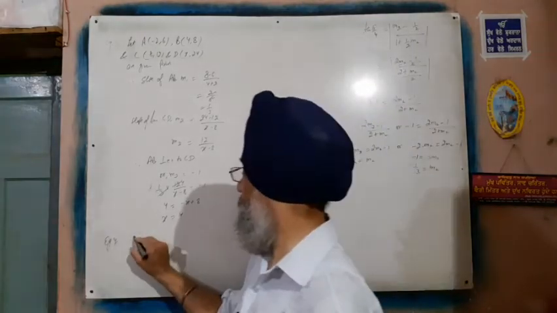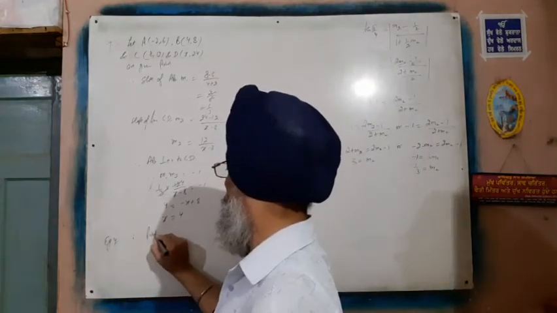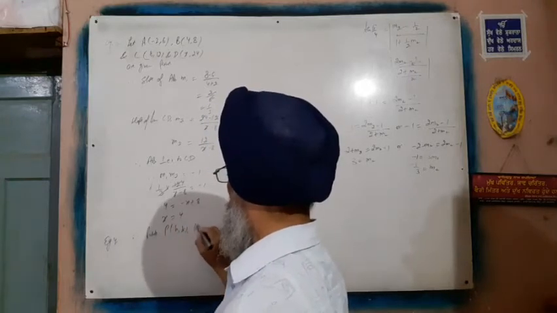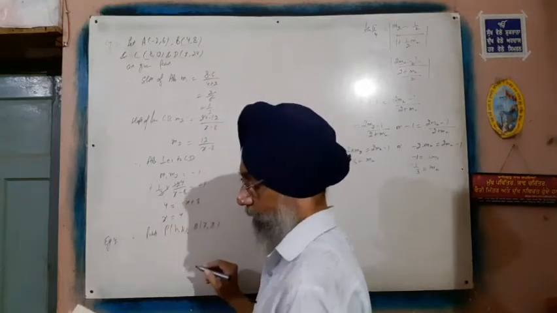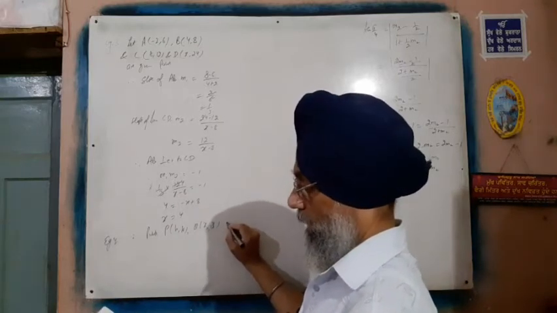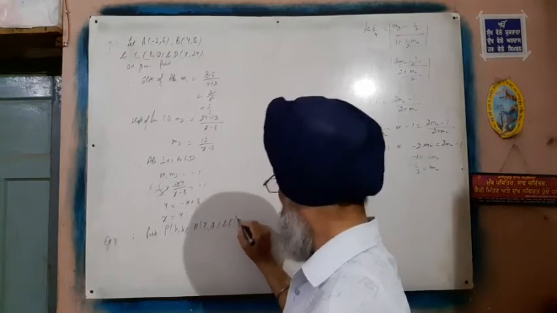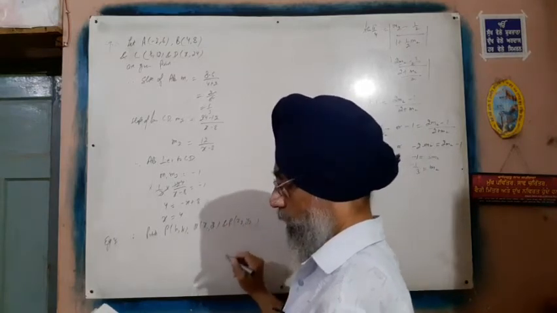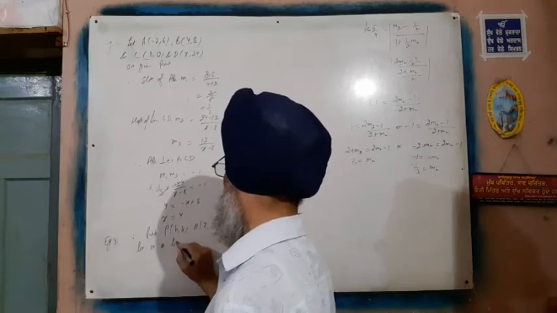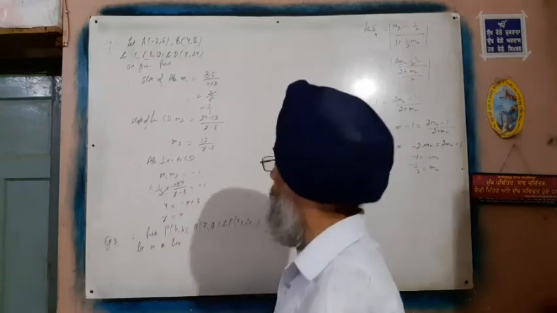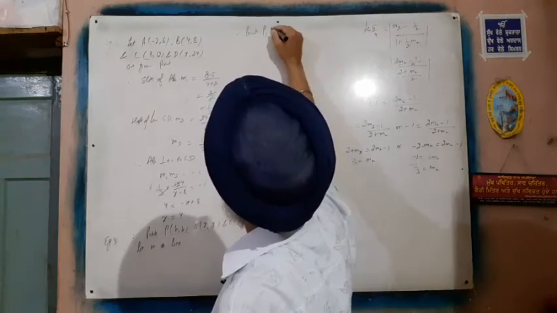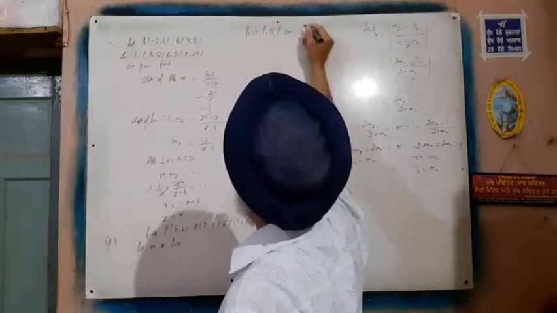Since points P (h, k), Q (x1, y1) and R (x2, y2) lie on a line, therefore points P, Q, R are collinear.